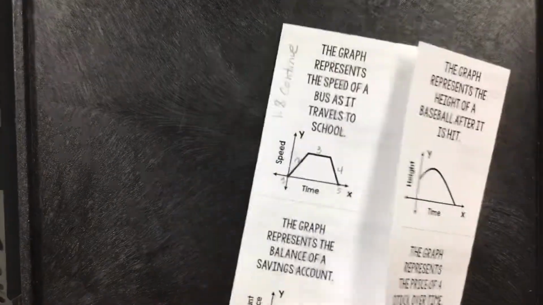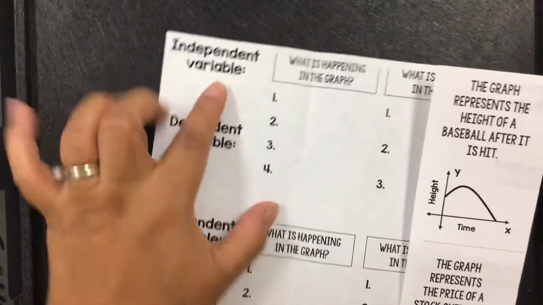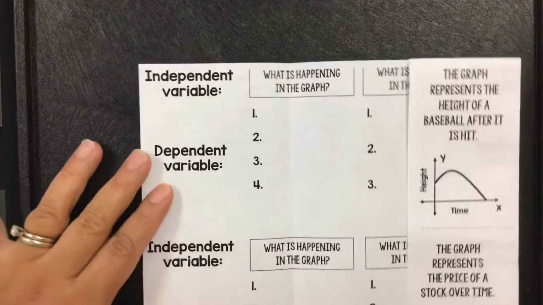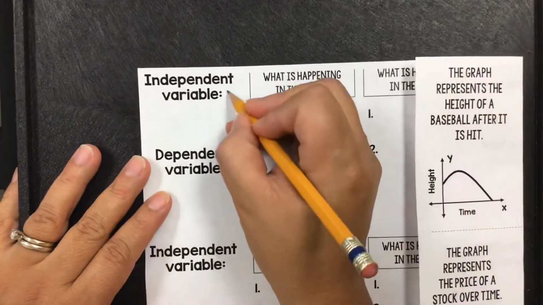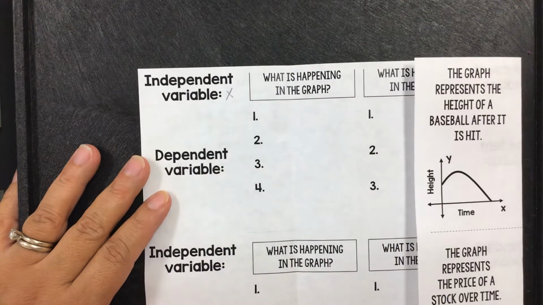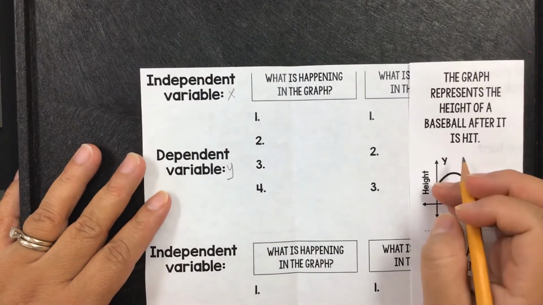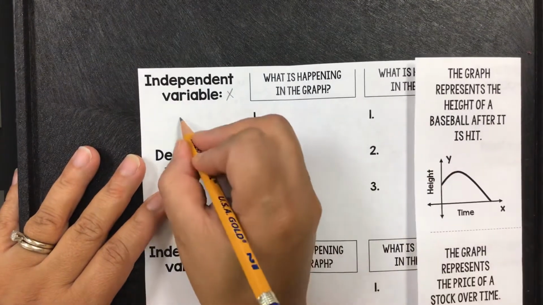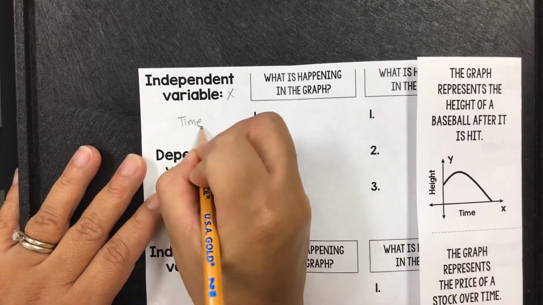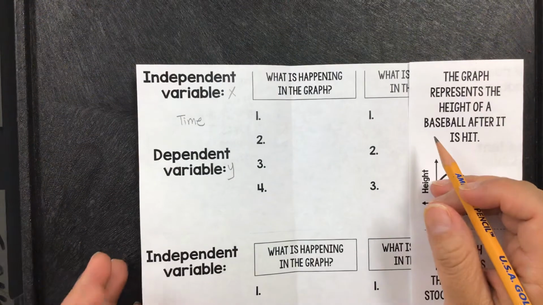We're going to open this one up and we're going to put its information over here. The independent variable is always the x. The dependent variable is always the y. For this scenario, time was on the x-axis.